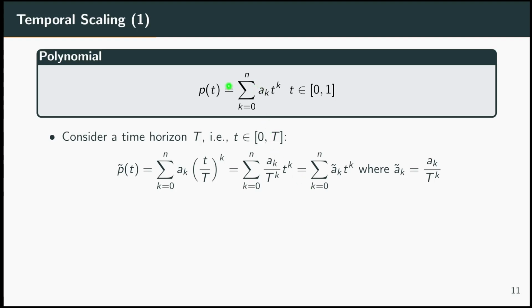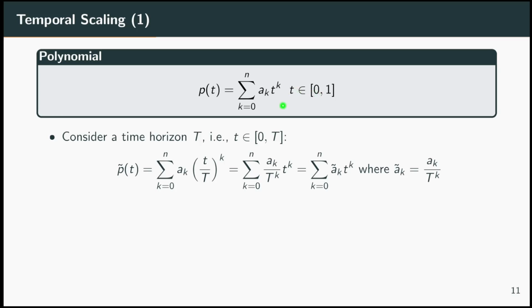If you remember, the polynomial had this form: we define it by these n plus 1 scalar values, and then the equation is a0 plus a1 times t plus a2 times t squared plus a3 times t cubed, and so on. And that t was always forced to be between 0 and 1 in this case.